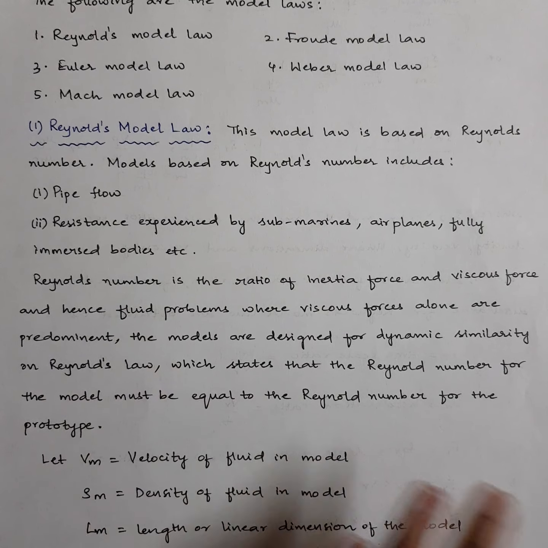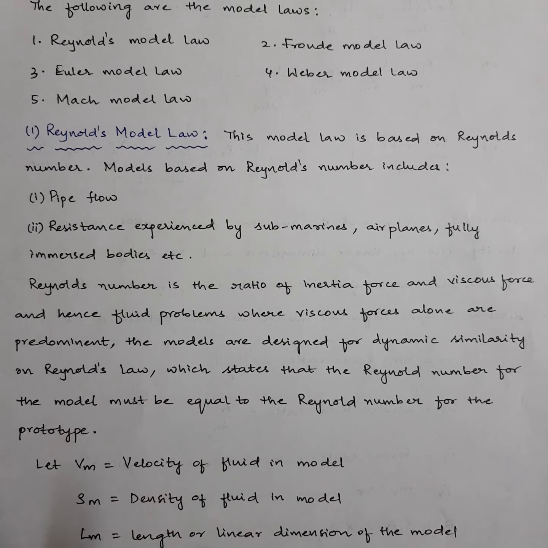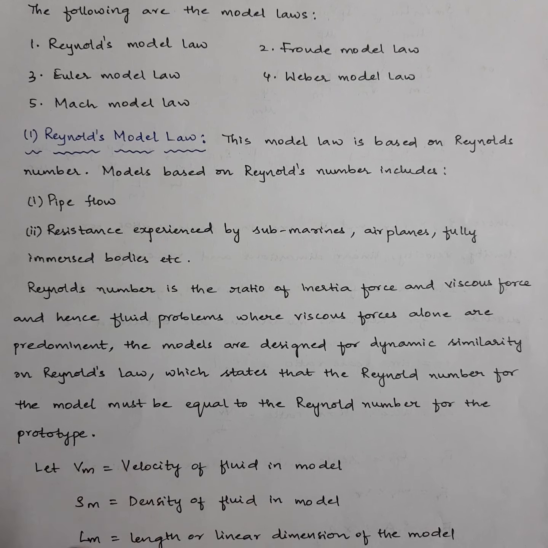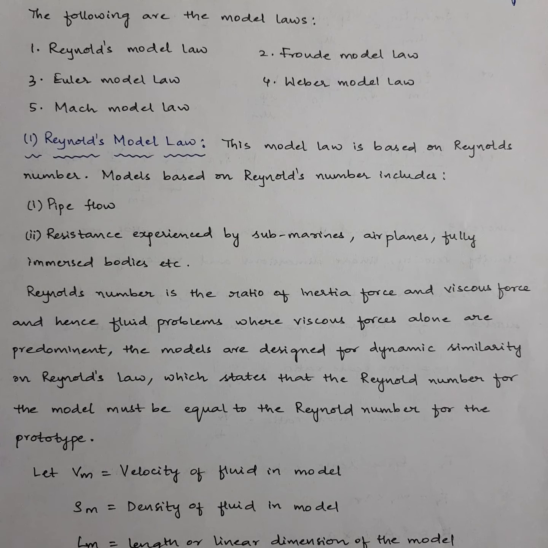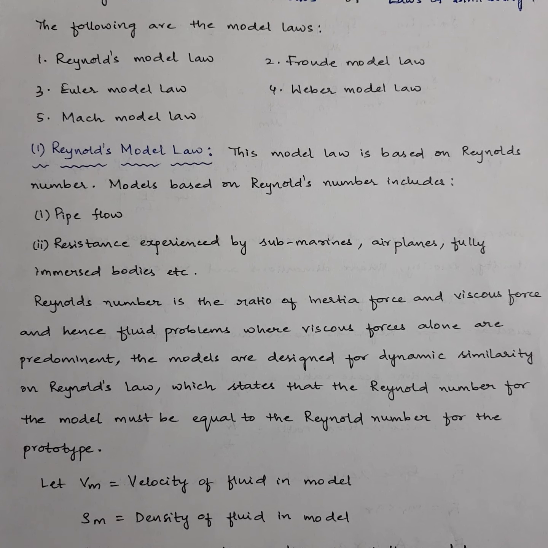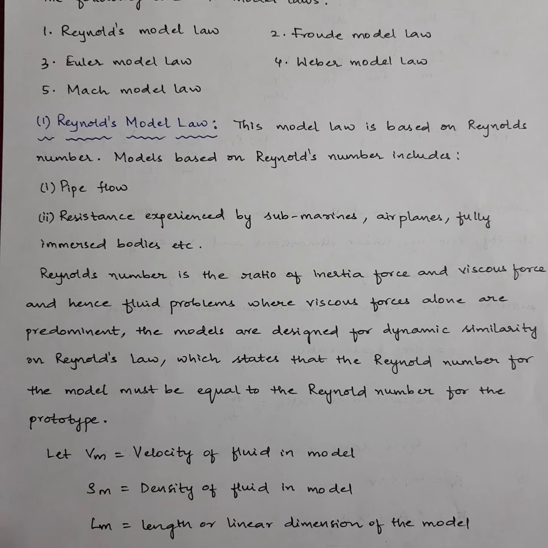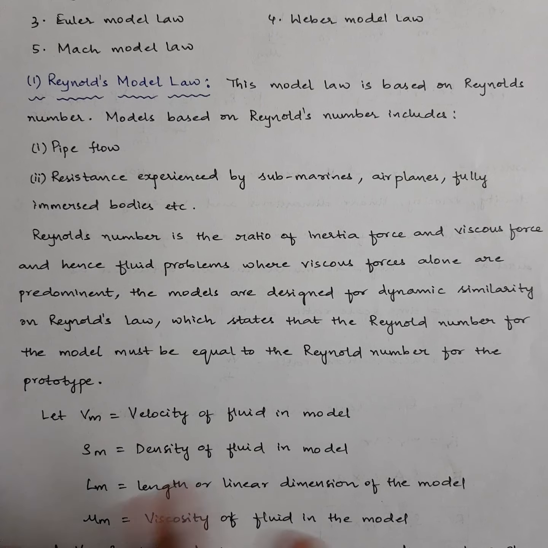Why? Because there is no other dimensionless number which has viscosity or viscous forces. So whenever you get dynamic viscosity or kinematic viscosity, conclude that it should be Reynolds Model Law, or related to Reynolds number only.